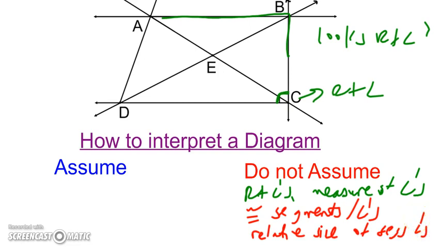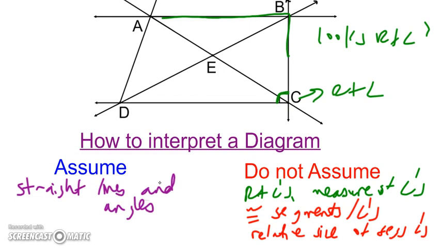There are some things that we can assume when we are looking at diagrams. We can assume that we have straight lines and angles. So I can say that angle DEB would be a straight angle.